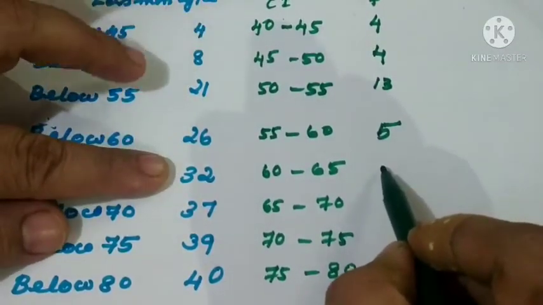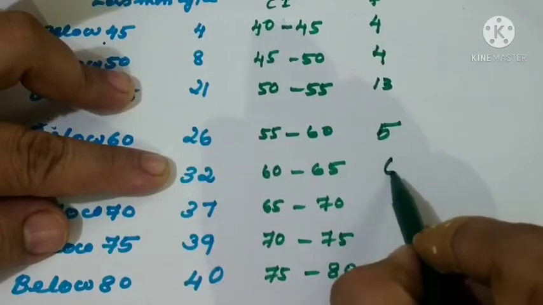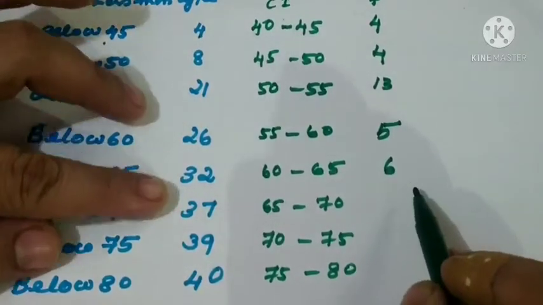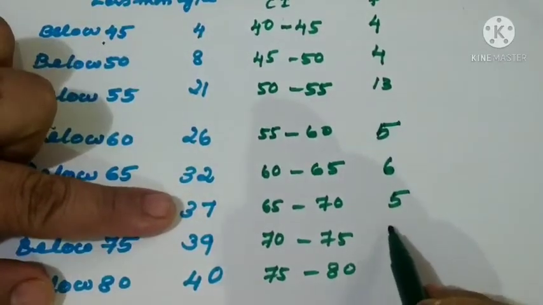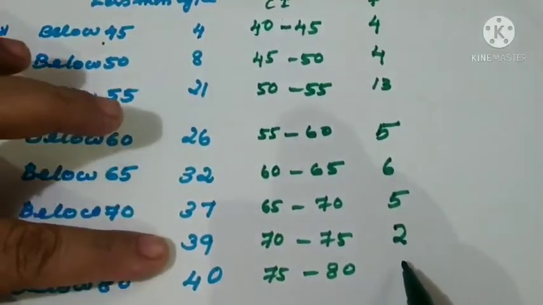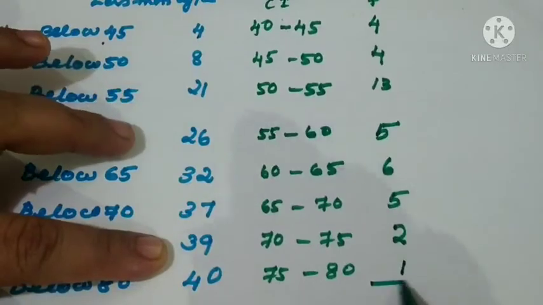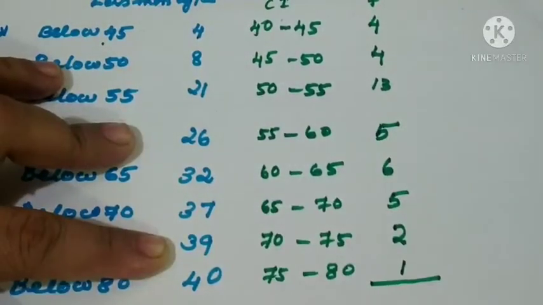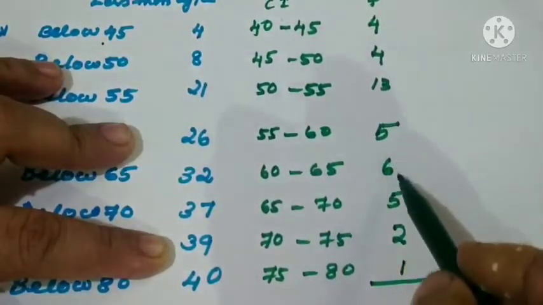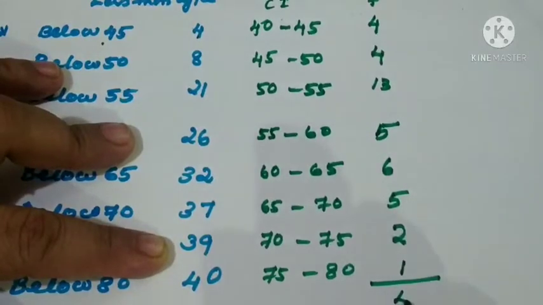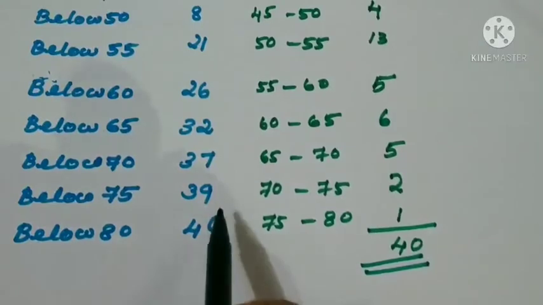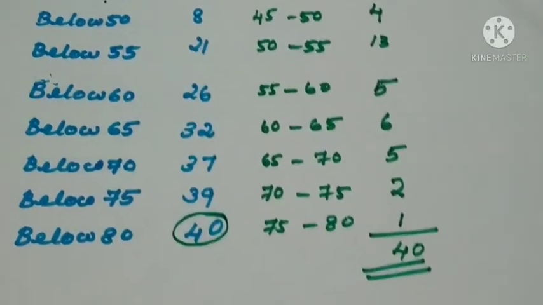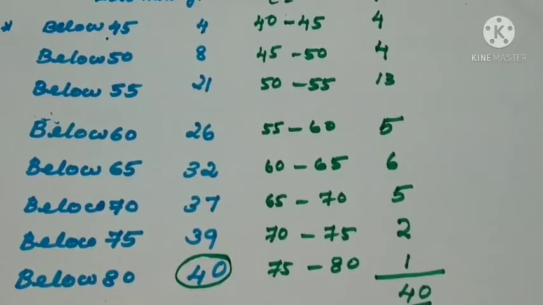Next 32 minus 26, it is 6. 37 minus 32, 5. 39 minus 37, it is 2. 40 minus 39, it is 1. If we add, we will get 40. This is the maximum. So we got a class interval and a frequency.